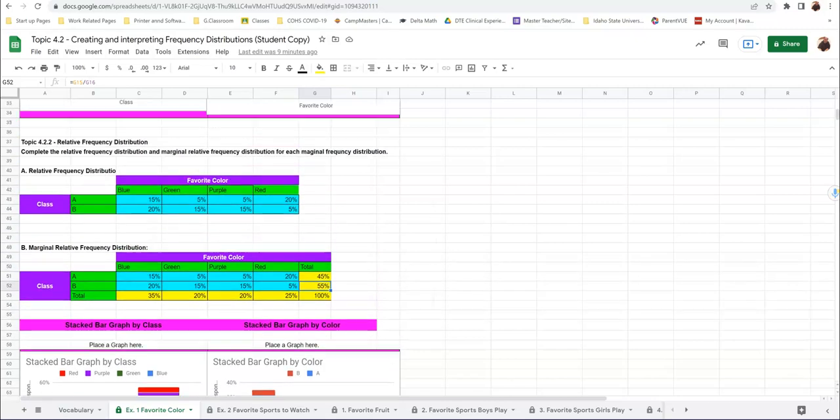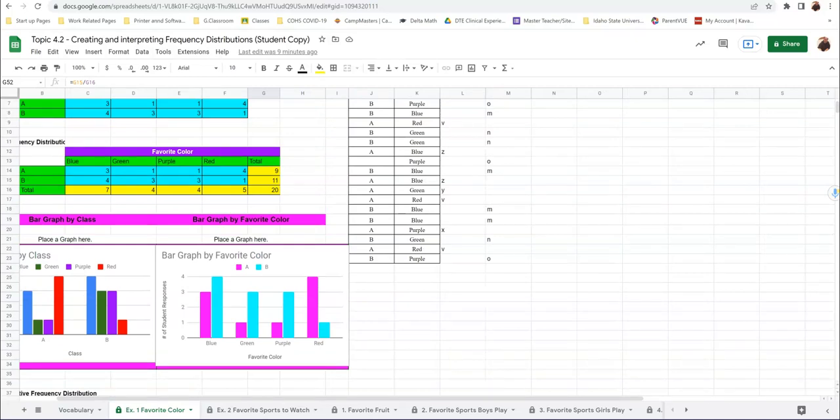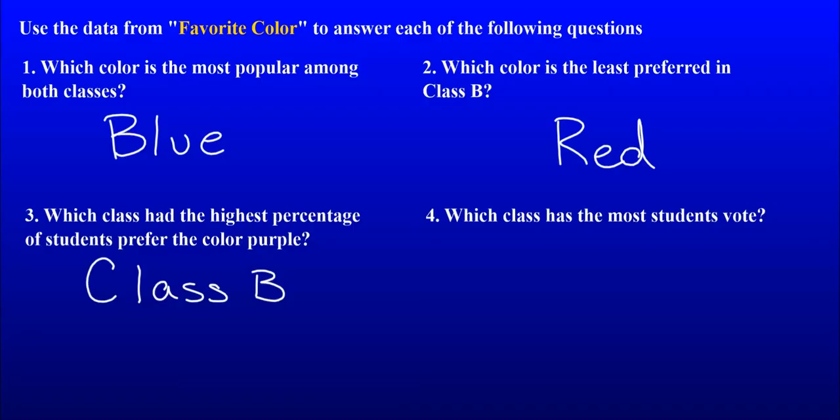We can also look back up at the table up here to know exactly what number that is. So we had 9 students from class A vote and 11 students from class B vote. And so that would mean that 11 is the larger number. So class B.